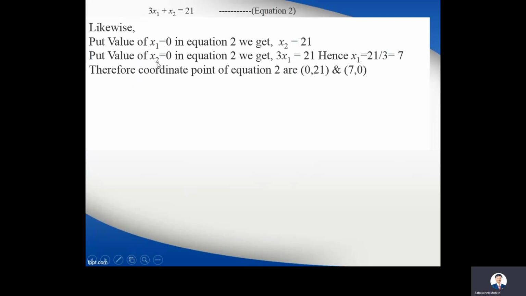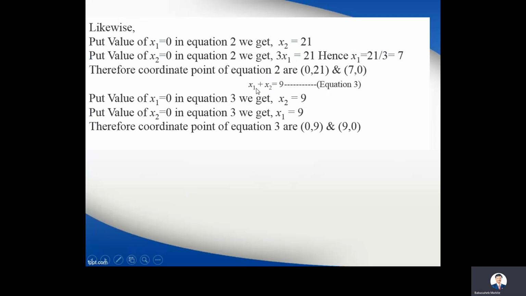And if I put x2 equal to 0 in equation 2, we get 3x1 equal to 21. Hence x1 is equal to 21 divided by 3, that is equal to 7. Therefore, the coordinate points of equation 2 are (0, 21) and (7, 0), because the first parameter is x1 and x1 is 7, and x2 is 0 here.